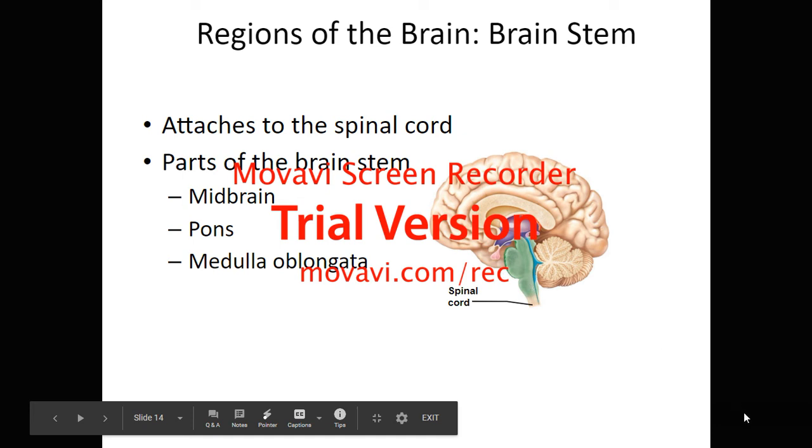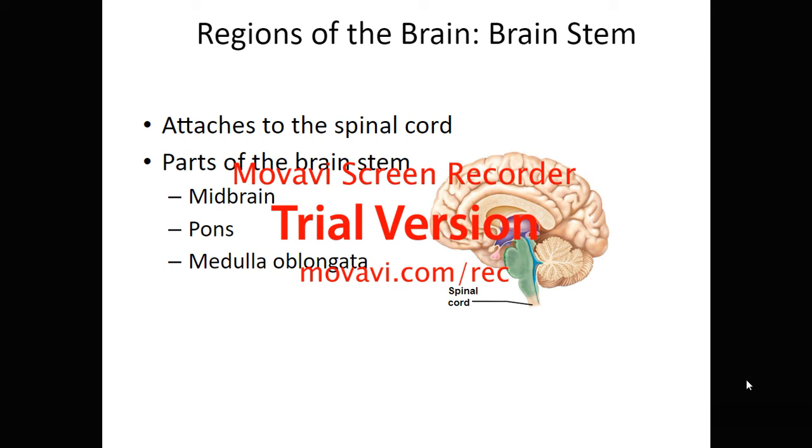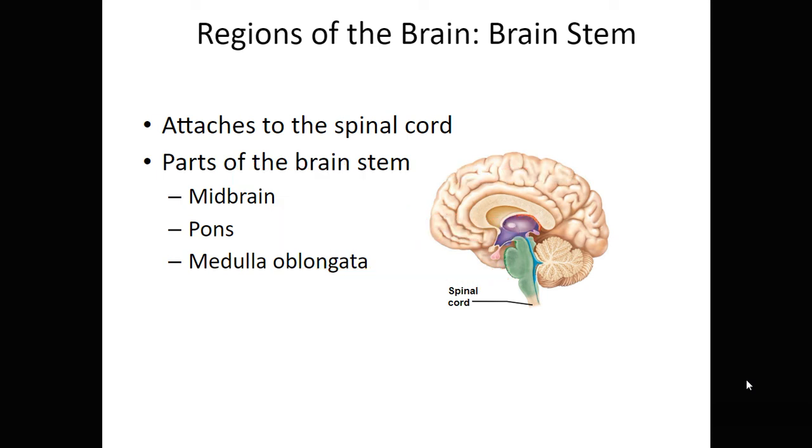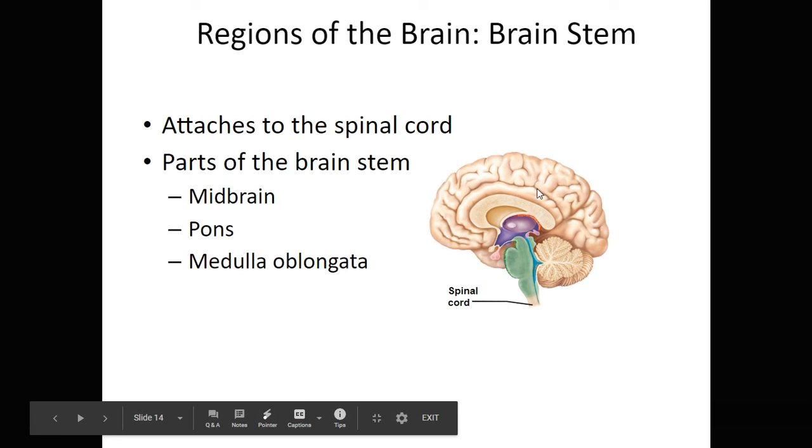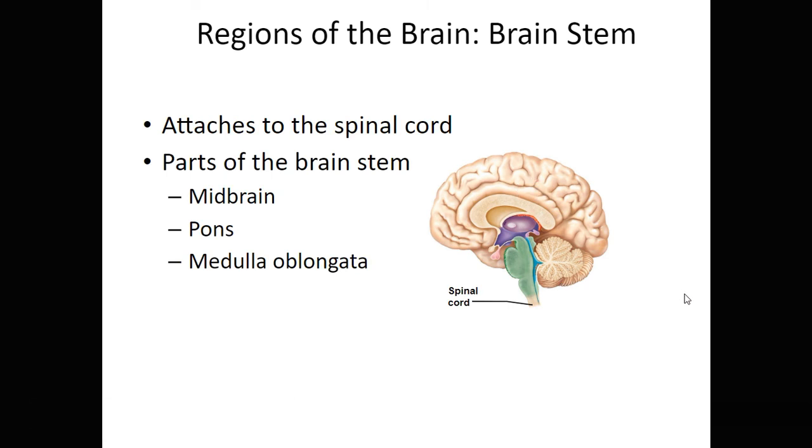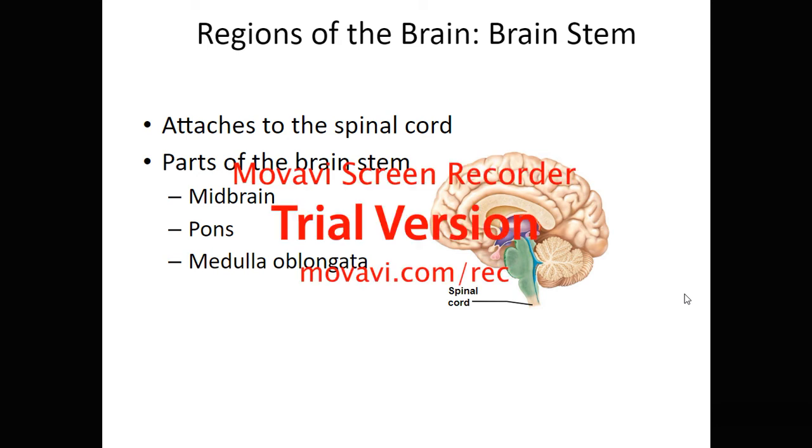The pons is important because it relays information from the cerebral cortex to the cerebellum. It also cooperates with the medulla oblongata with breathing, even though the medulla oblongata is the main respiratory control center.